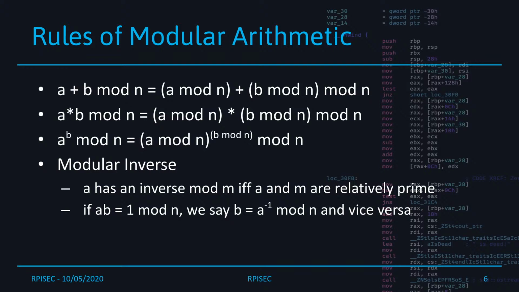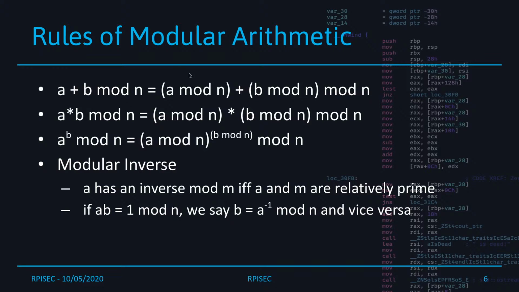But basically, you can expand the modulus out to each operand when you're doing arithmetic modulo n. So a plus b mod n, you can expand it out and take a mod n and b mod n and then add them together and take the result mod n. Sometimes this can be faster, especially if a and b are quite large.